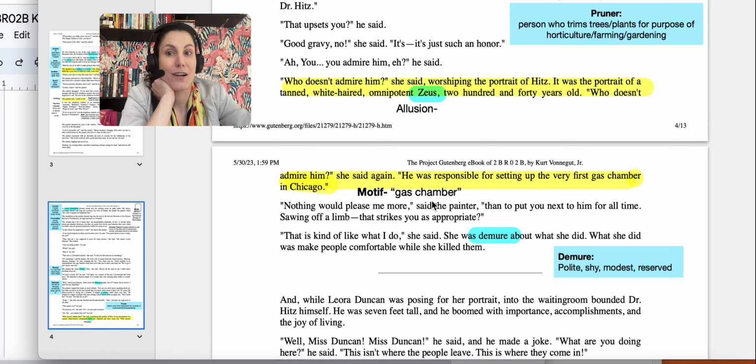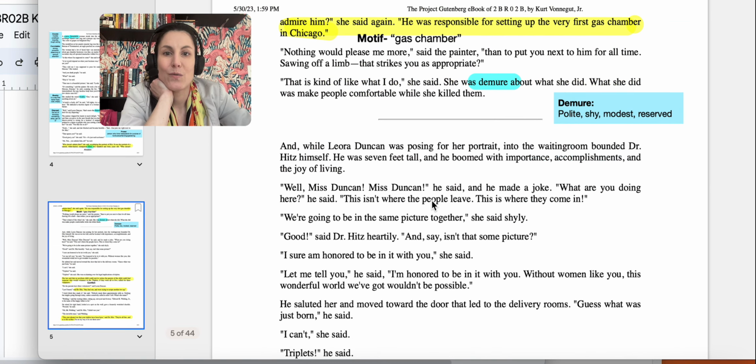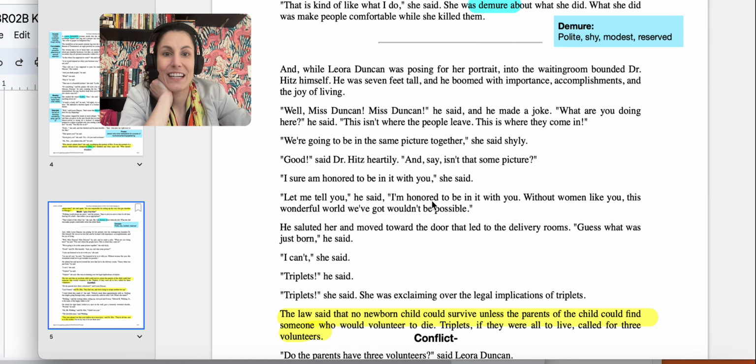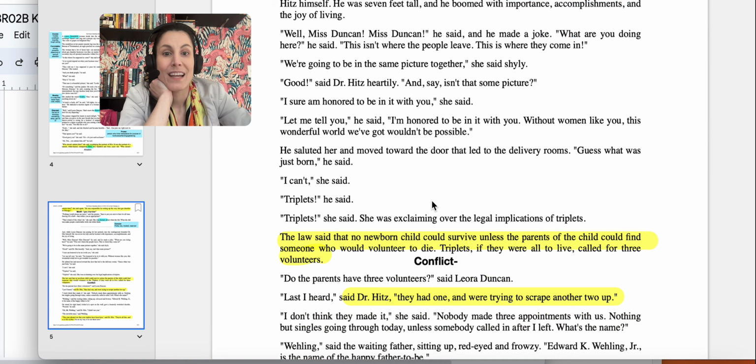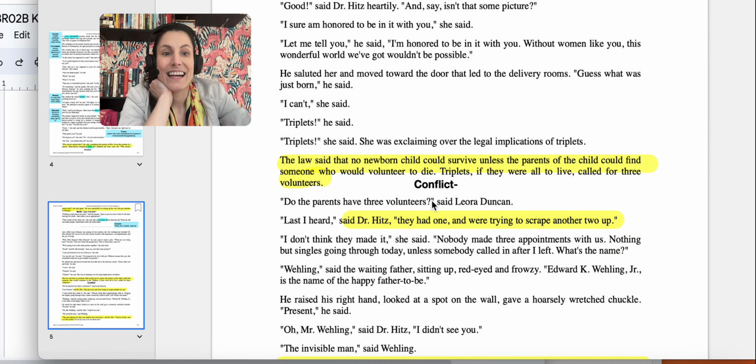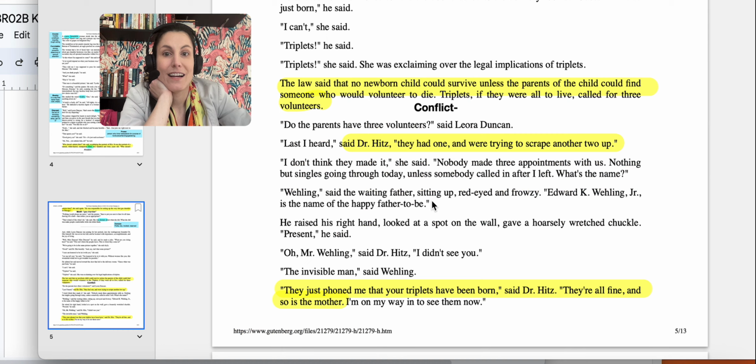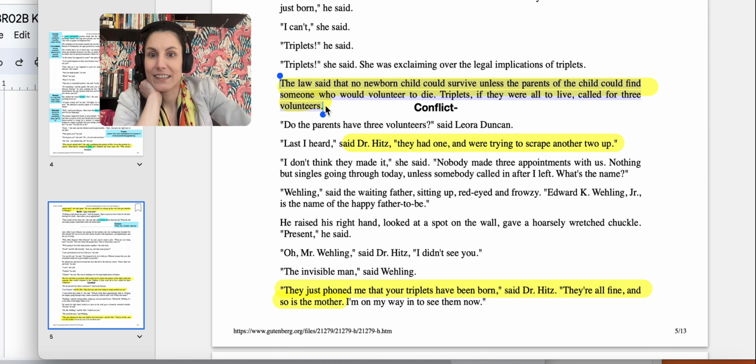So we have to talk about her. We'll think about this. So we can mention something about Leora Duncan, and then we definitely have to say Dr. Hitz, and they have this conversation about the law and how things work.